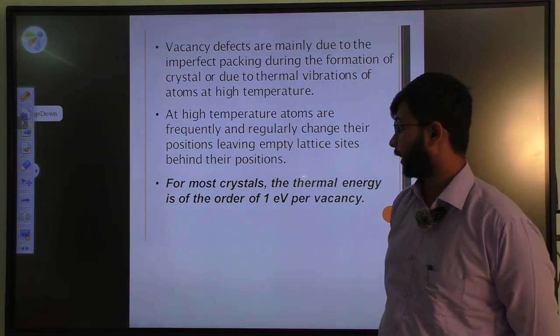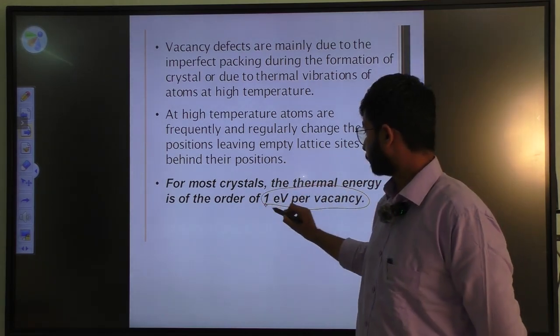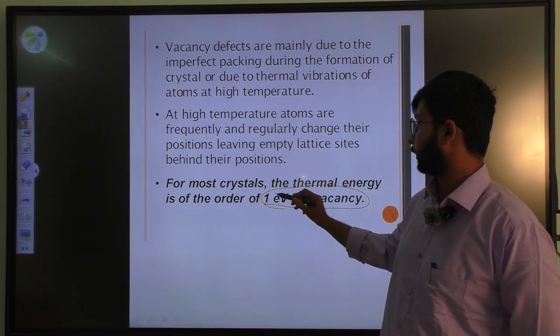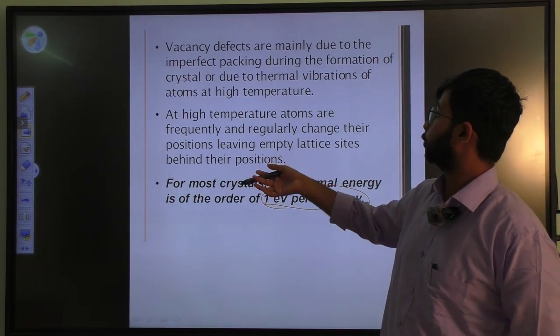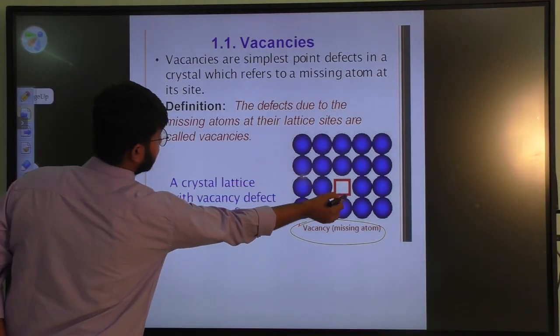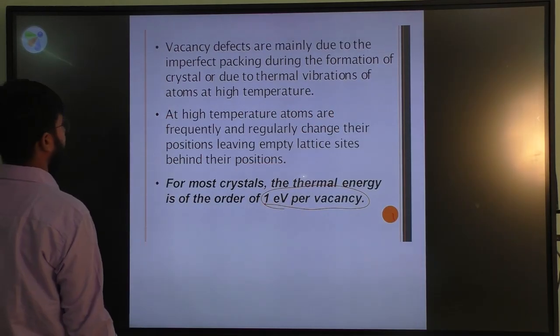So these are the causes of vacancy defects. The vacancy defect is formed by thermal energy in the crystal structure, as shown in the previous figure. As we see in this figure, this is the vacancy defect in the crystal structure. After that we go to interstitial.